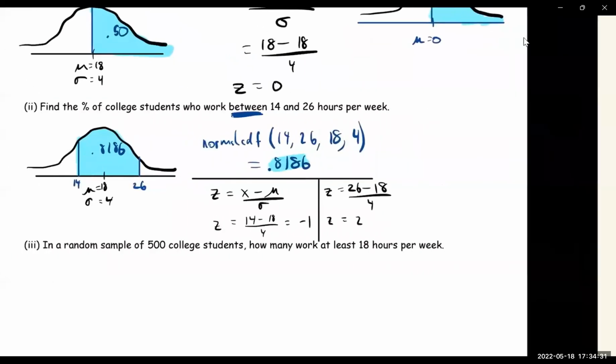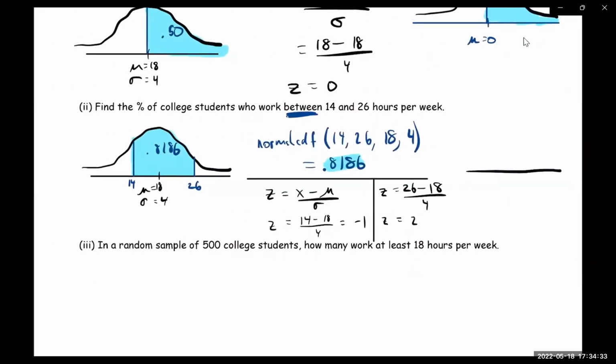All right, so now you can redraw the distribution all over again. This time your mean is 0, and your z-score is -1 on the left, +2 on the right. You're shading in between.